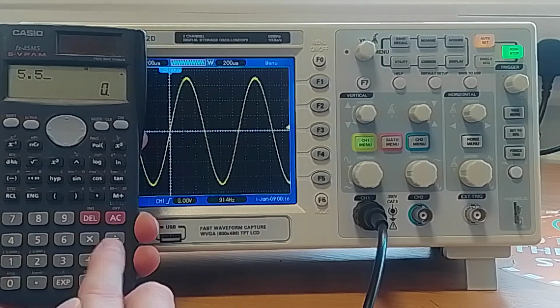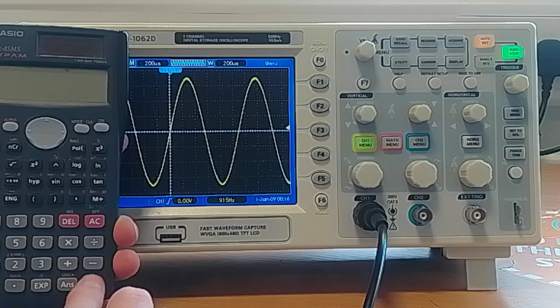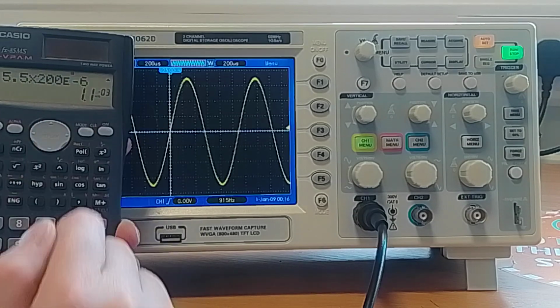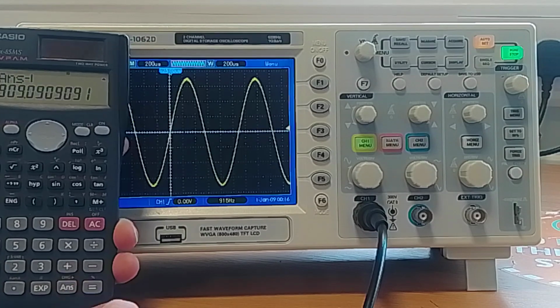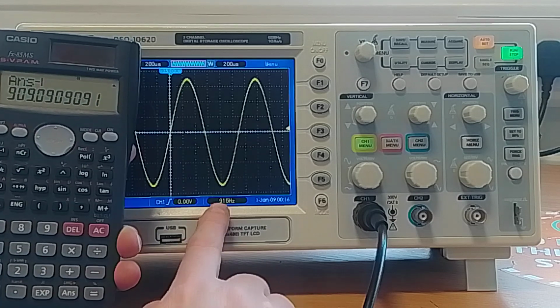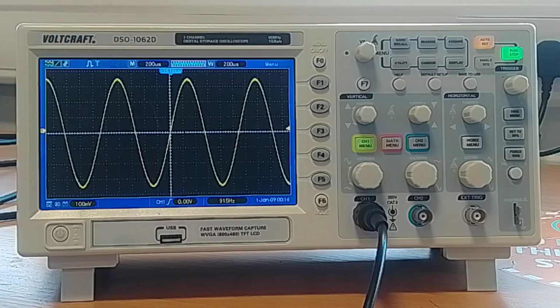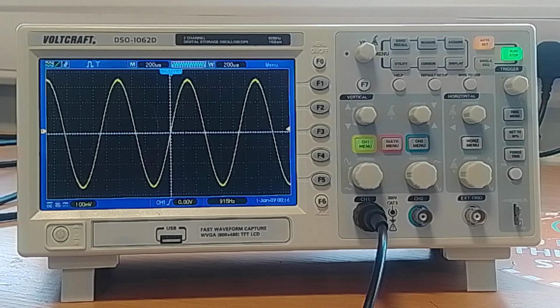So 5.5 times 200 times 10 to the minus 6 gets me 1.1 milliseconds for my periodic time. 1 over that for my frequency would get me 909.09 hertz. 915 hertz. On my signal generator, I'm getting 916 hertz. So that would be how you would measure periodic time and therefore frequency.